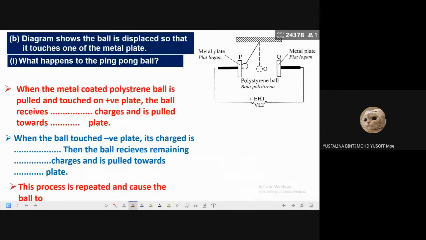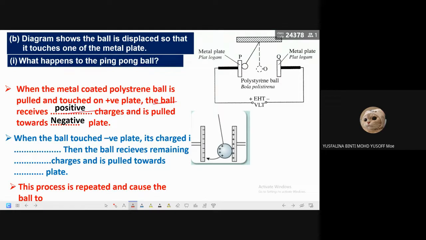Since it's neutral, it will not move at all. Now this one I explained already. When the metal-coated polystyrene ball is pulled and touches the positive plate, the ball will receive a positive charge.